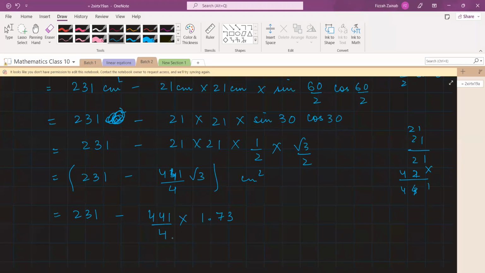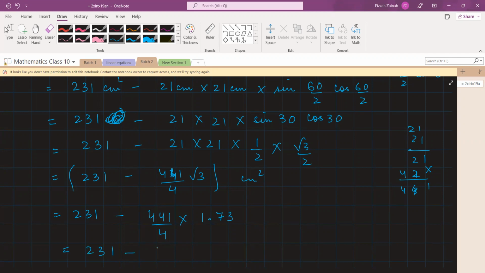Anyway, there is no other way, you have to solve it, right? Okay, so 231 minus, let me just divide this by 4, right?